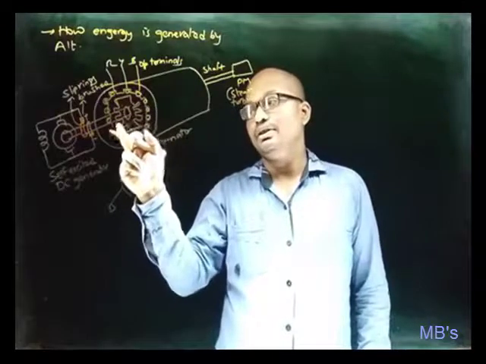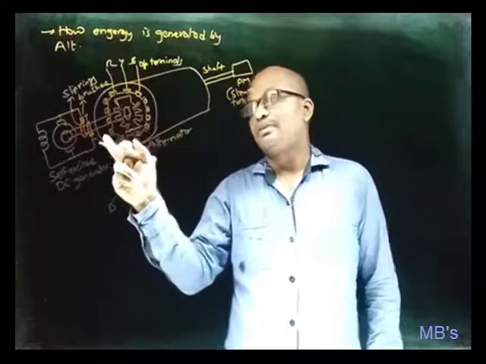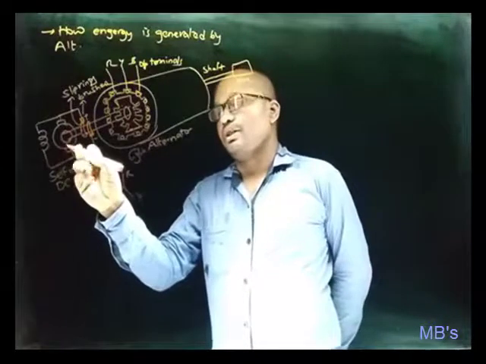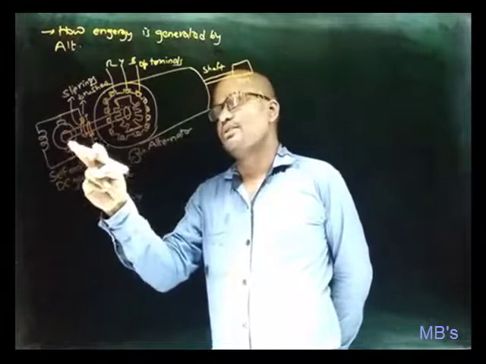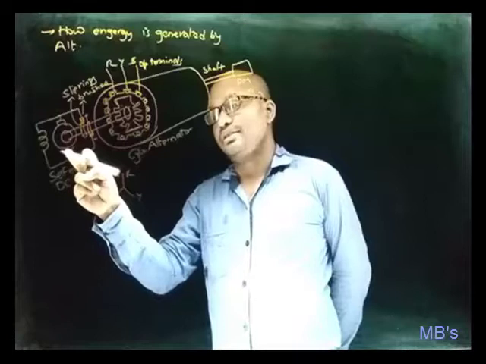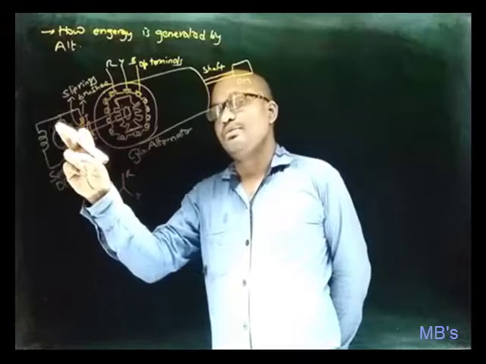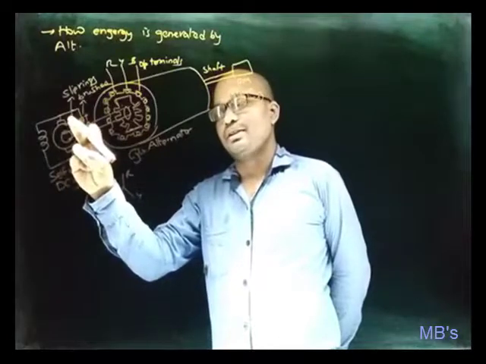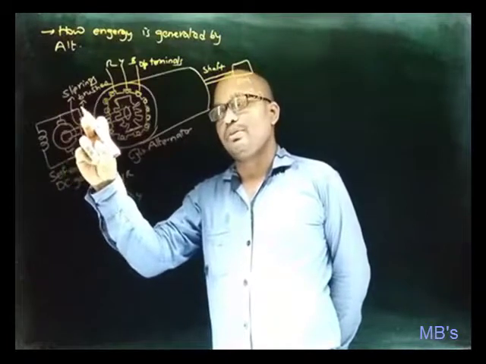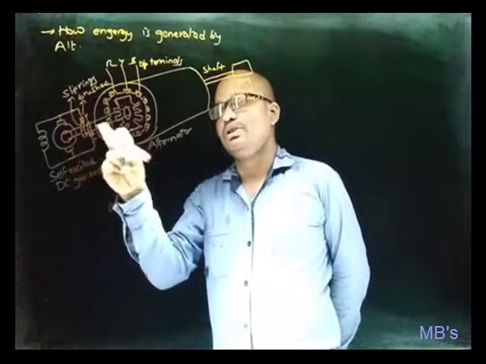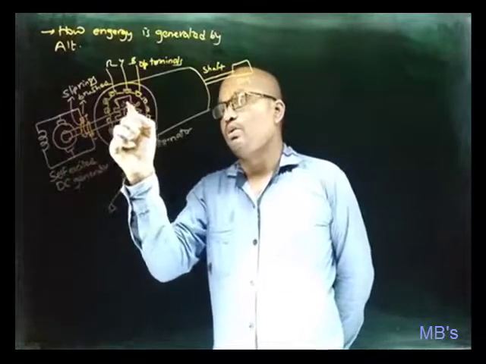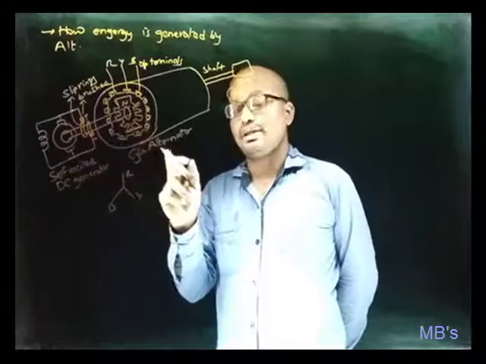For poles to be created, DC excitation is required, so onto the same shaft a DC generator is mounted, and as the prime mover rotates, this DC generator rotor also rotates, and because of this self-excited DC generator, EMF will be induced, which is converted into DC by the split rings, so that DC output voltage is available at these terminals, and this DC output voltage is given to the rotor of the alternator through slip rings, so that now poles are created in the rotor of the cylindrical alternator.